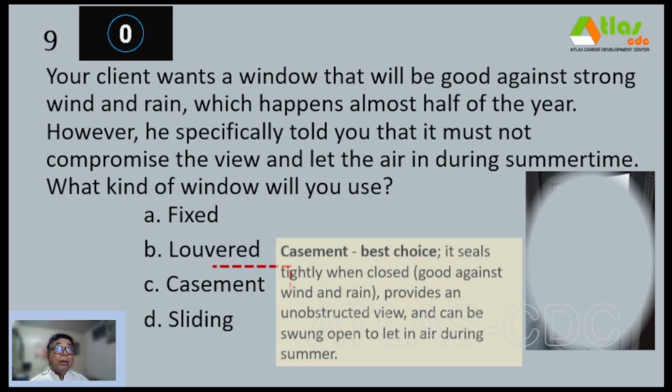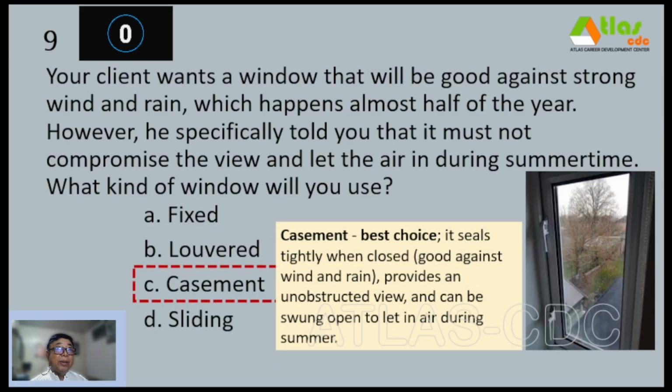And our correct answer is letter C, casement. So casement is the best choice. It seals tightly when closed, that is good against wind and rain, provides an unobstructed view, and can be swung open to let in air during summer.